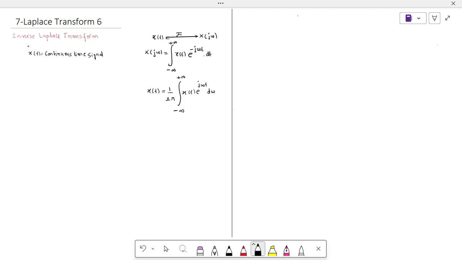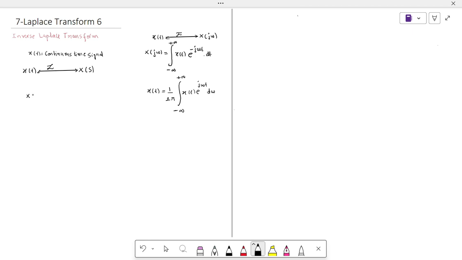Before explaining the inverse Laplace transform, we should recall the Laplace transform, which has already been discussed in the previous class. The Laplace transform of x of t is denoted by the capital X of s.